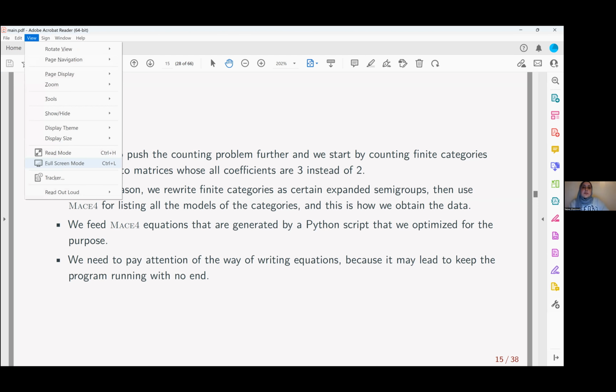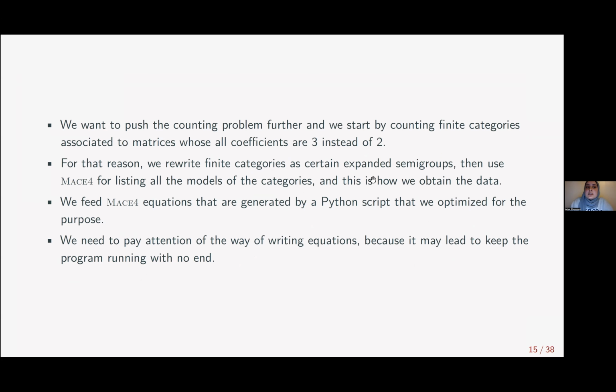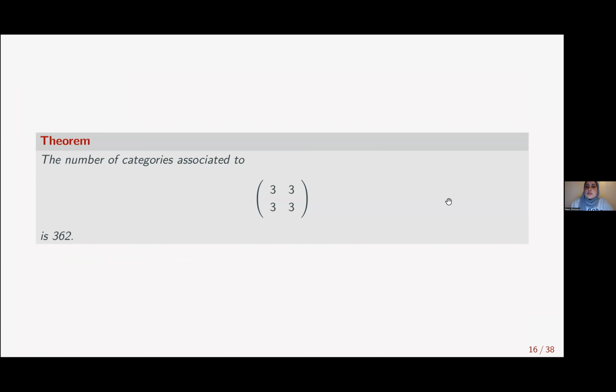So the theorem we obtain by Maze4 is that the number of categories associated to 3333 is 362, which is a huge number compared to the case where we had only 2222. It was one category. So it is much more than one.